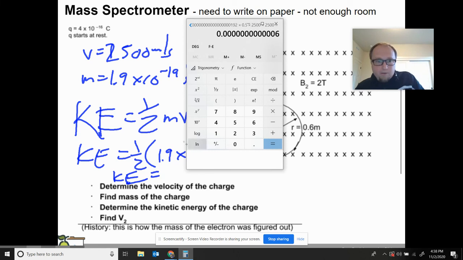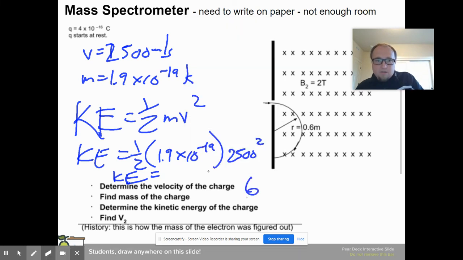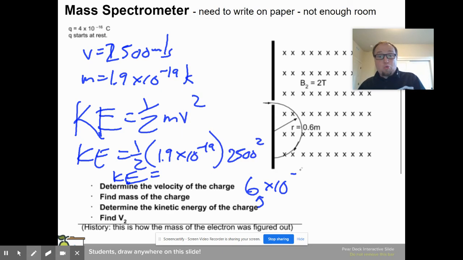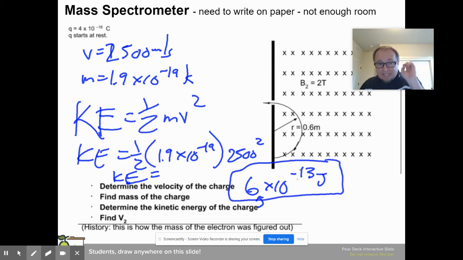So the kinetic energy is 6 times 10 to the negative 13. That's tiny. 6 times 10 to the negative 13.